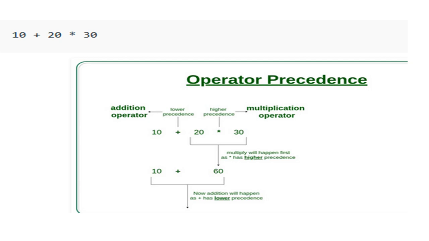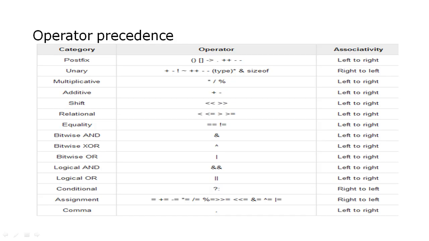After that, if there are no brackets in an expression, higher priority is given to division or multiplication. Here, see this chart.